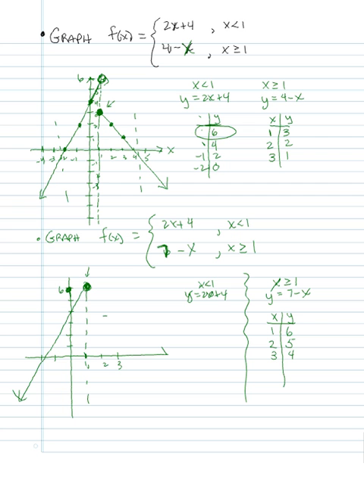So on the one hand, we left it open, but on the other hand, we fill it in because we found out later that that point was on the graph. And 2 comma 5 would be right here, and 3 comma 4 would be right here. And when we drew this, then it would be a graph that looks something like that.